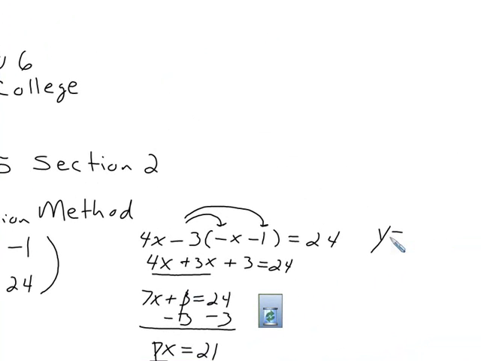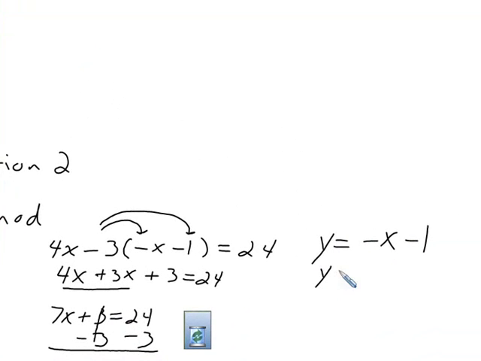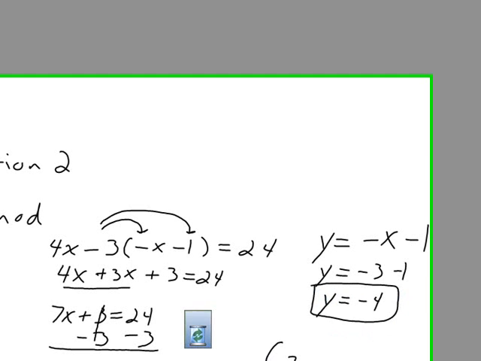Now you do need to find your second answer. We need to know what y equals. Well, y equals negative x minus 1. But we know what x is. So y is going to equal negative 3 minus 1, or y equals negative 4. So there's our answer for y.